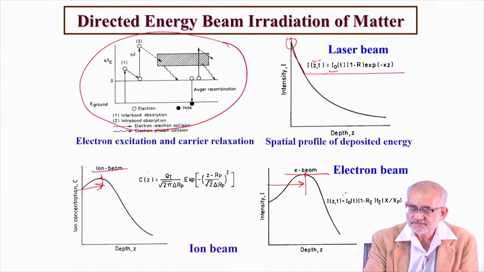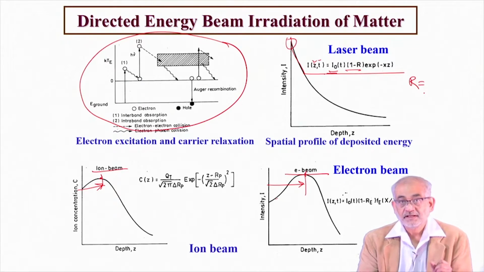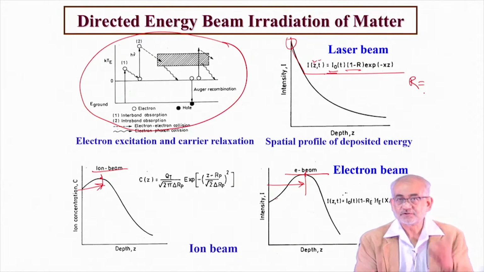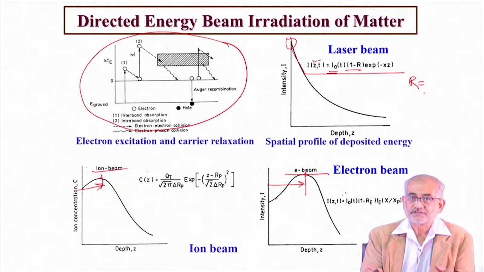If I naught is the incident radiation, then as a function of time it decreases in the following manner: 1 minus R, where R is reflectivity. And please remember that reflectivity is just the reciprocal of absorptivity. But absorptivity and absorption coefficient are not the same.